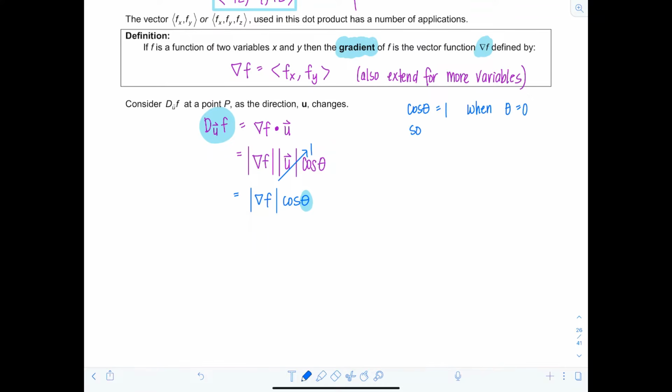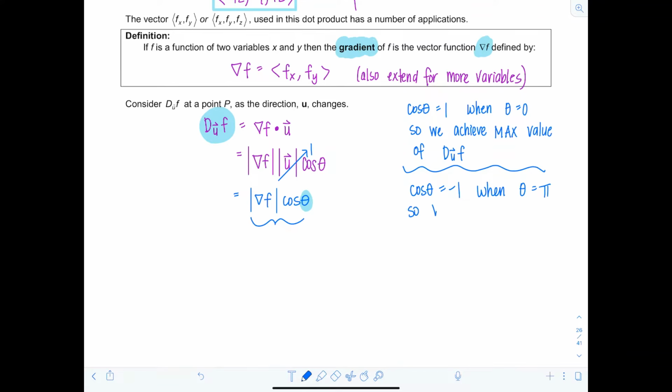So that means this quantity here is maxed out when theta equals 0. So we achieve the max value of the directional derivative. Okay, other extreme cases. Cosine of theta is negative 1 when theta equals pi.